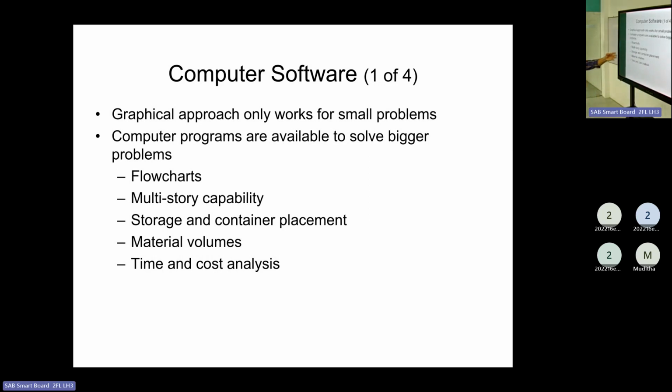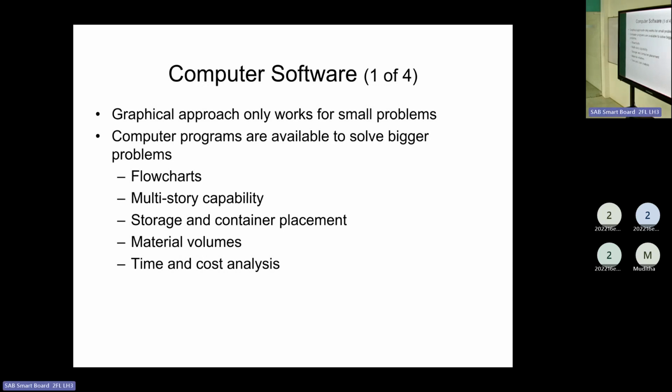Techniques like flowcharts, multi-story capability, storage and container placement, material volumes, time and cost analysis, and such techniques are often used. You need to feed information and all the other restrictions. The app will generate alternative layouts for you. Not only the solution, but also the cost and other details, so that we can easily select.